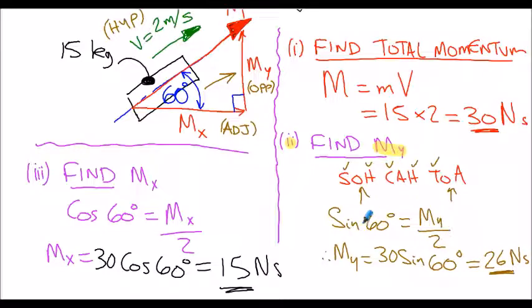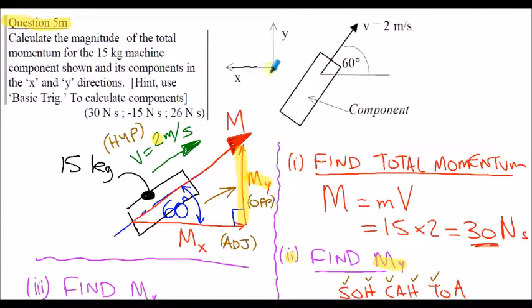And you'll find that the sine of the angle, 60 degrees in this case, is equal to the opposite side my divided by the hypotenuse, which is 2. Rearranging and evaluating, the momentum in the y direction is 26 newton seconds, and that's a positive y direction, as it's in line with the positive y notation shown in the question.